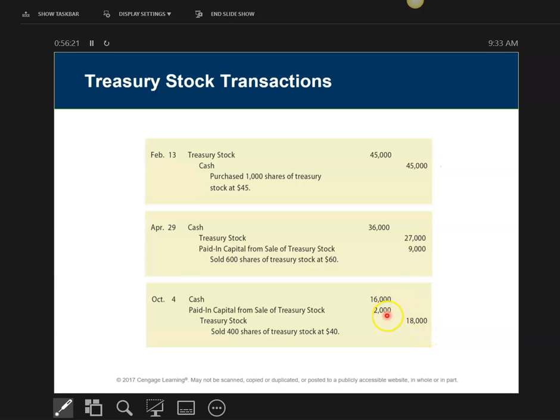So the deficit is $5, because remember I paid $45, now I'm selling it for $40. So I have a $5 deficit times 400 shares goes in as a debit. So remember which side the money goes into on the paid in capital. If it's more than what I paid, it's credit. If it's less than what I paid, it's debit.